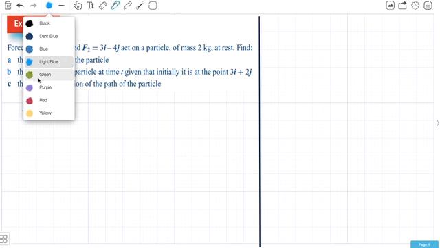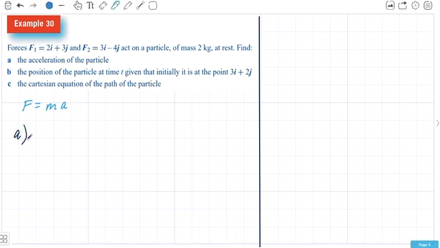So in this question, we first of all got part A, find the acceleration of the particle. Now we know the forces overall acting on this particle will be the addition of the two forces, F1 and F2. In this case, that's going to be 2 plus 3i, so 5i, and then 3j minus 4j, so negative j. We know that the mass, m, is 2 kilos, so m equals 2. And so now we can find a.